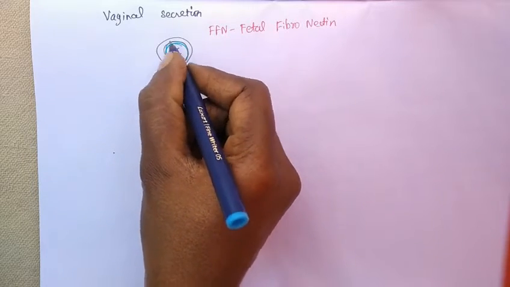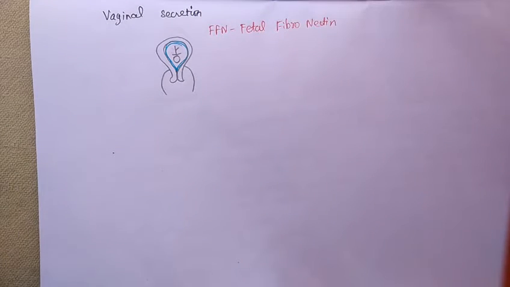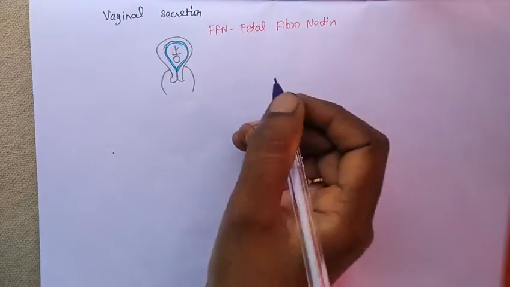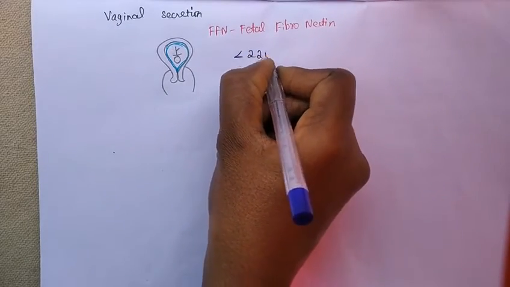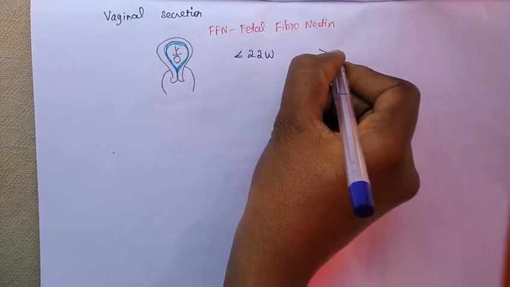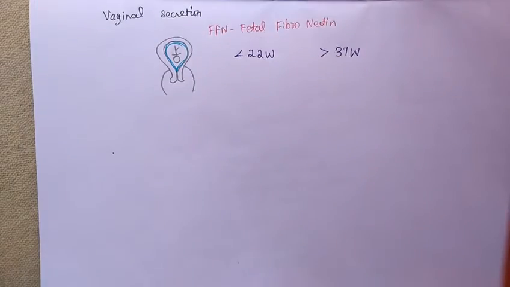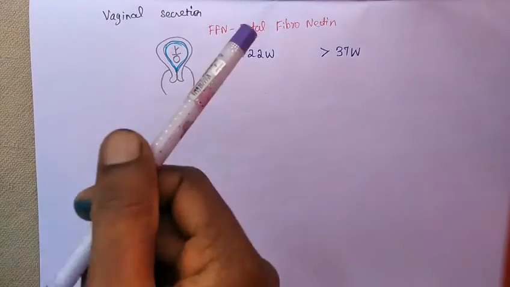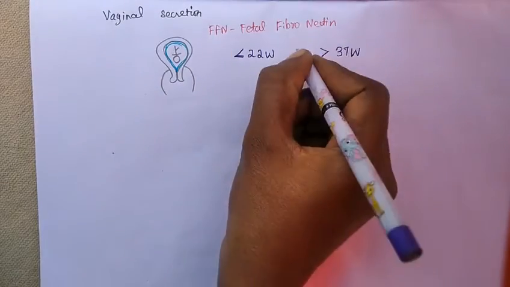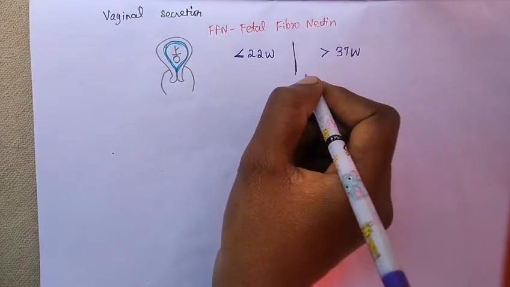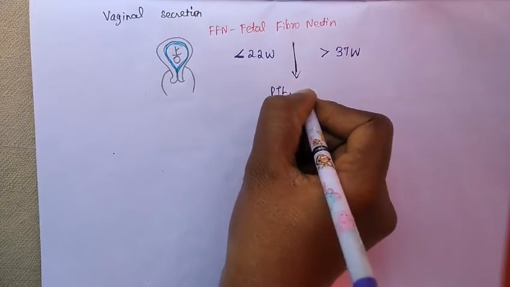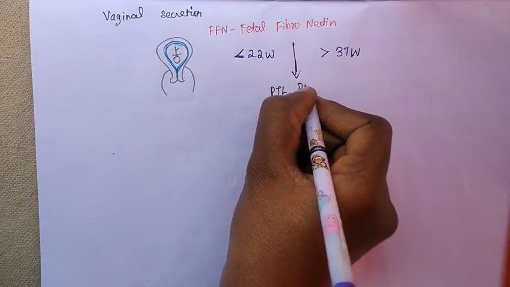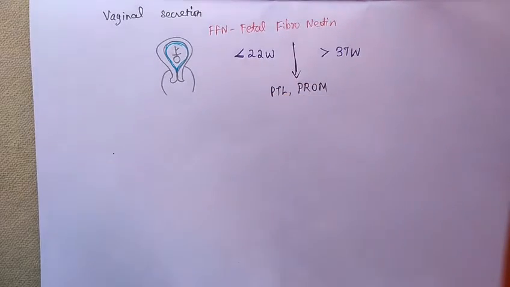This fetal fibronectin is seen in the gestational age of less than 22 weeks and after 37 weeks. If you see this FFN between 22 and 37 weeks, it should be the diagnosis of preterm labor or rupture of membrane.